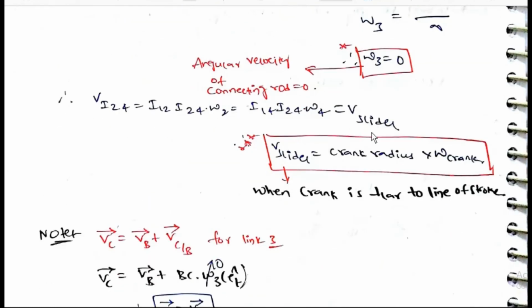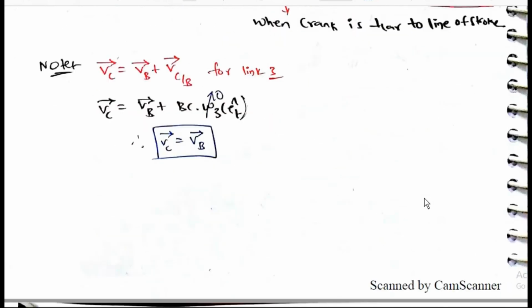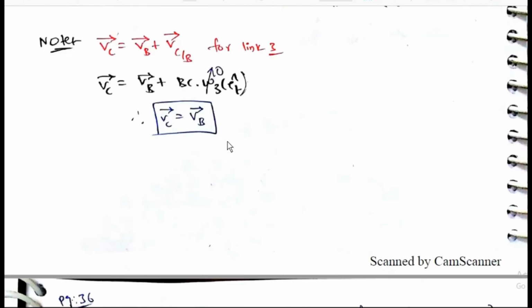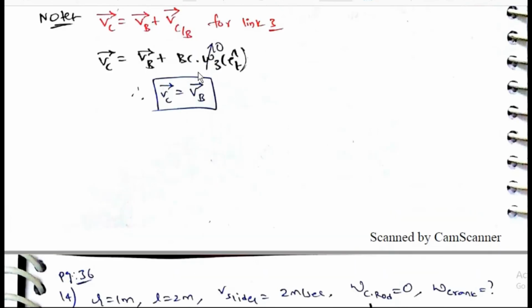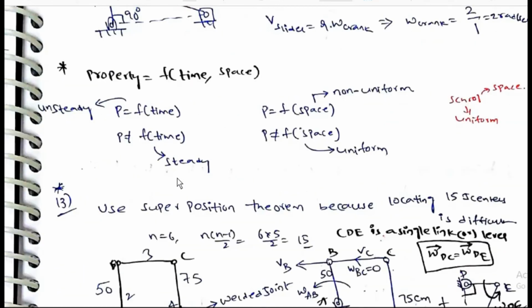We will get the same result. V slider is equal to crank radius into omega crank when crank is perpendicular to the line of stroke. VC bar is equal to VB bar plus VC by B, for link 3 here omega 3 is 0. So VC bar is equal to VB bar. Good questions.